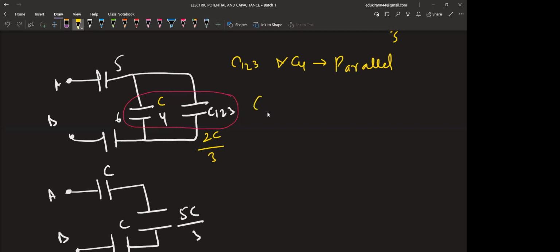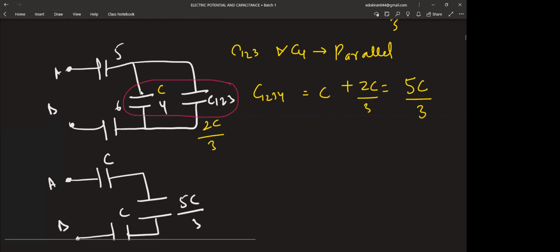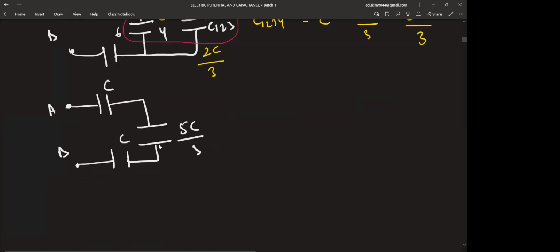So C1234 will be C plus 2C by 3. So this becomes 3C plus 2C over 3, which is 5C by 3. Right? So I can replace these two with one single C1234.